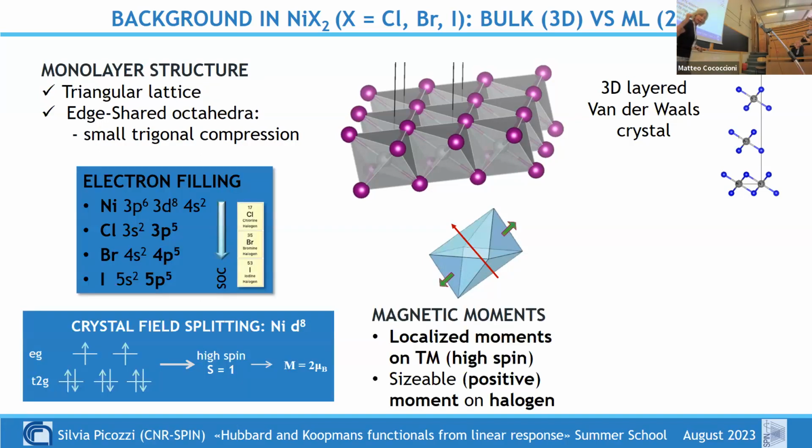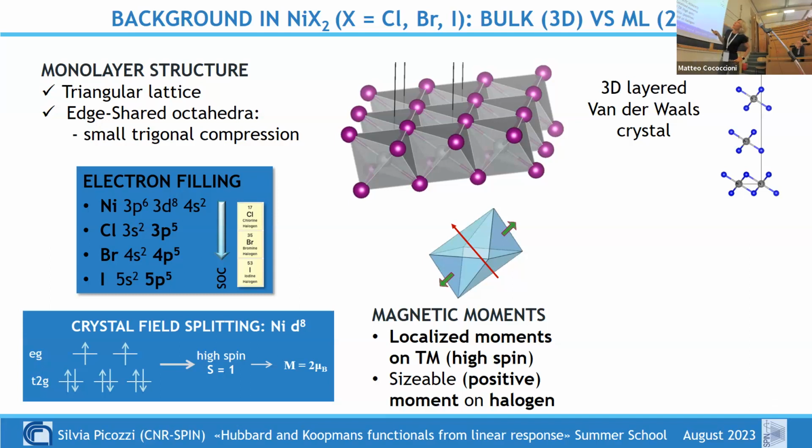And if you look at the electronic filling, nickel is d8, in octahedral coordination. So you basically have the crystal field splitting, t2g and eg. t2g is basically fully filled, and eg is half filled. So you basically get 2 Bohr magnetons.